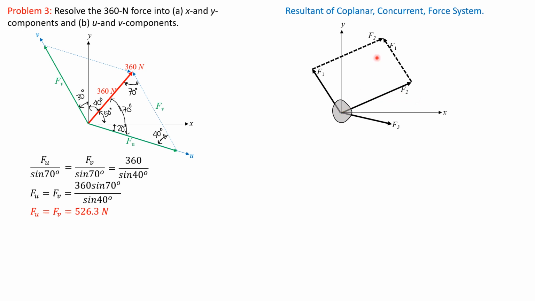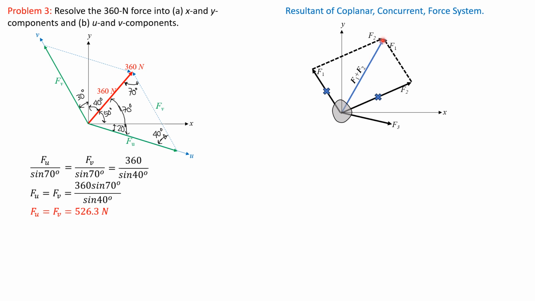Then this is the resultant for the sum of forces F1 and F2, but it is a vector sum that does not simply add the magnitudes. It's a vector, so you solve the triangle or the parallelogram for the magnitude of that diagonal. So I will remove F1 and F2. They are replaced by this single force called the resultant, which is simply the vector sum of F1 and F2.